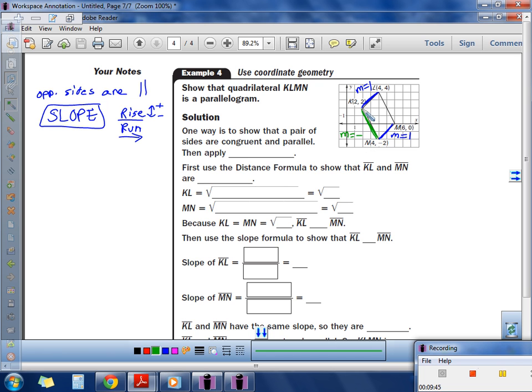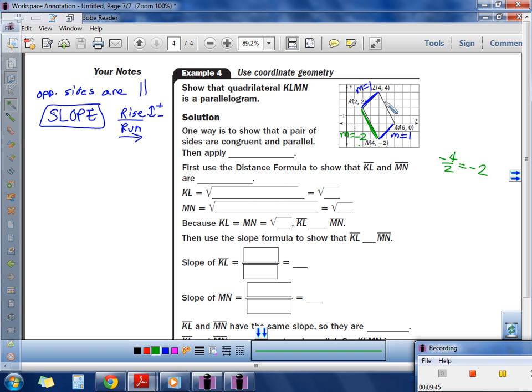So we go down 1, 2, 3, 4. I go down 4. So after I go down 4, I go right 2. And so we have negative 4 over 2. Does that simplify? Just negative 2.